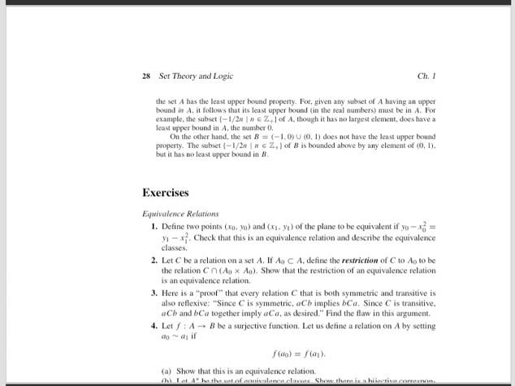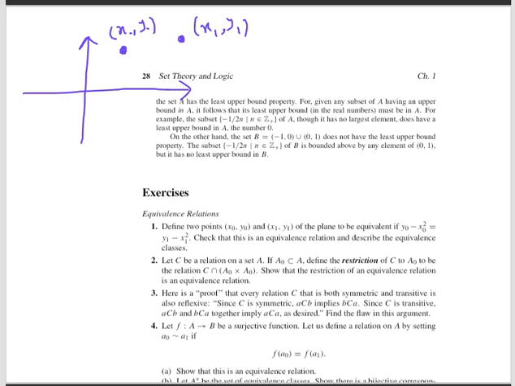For example, this one. Define two points of a plane to be equivalent if y0 minus x0 squared is equal to y1 minus x1 squared. Check that this is an equivalence relation and describe the equivalence classes. In R2, this is a point x0, y0, and this is x1, y1.